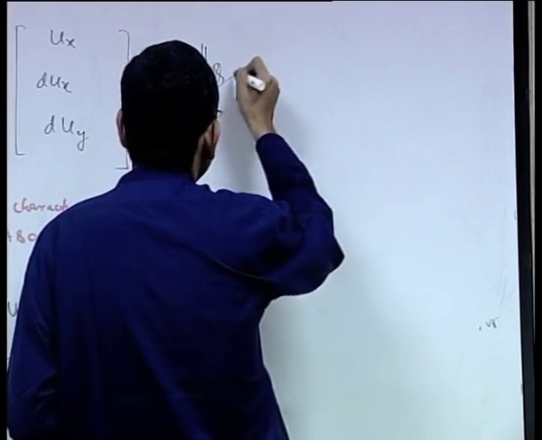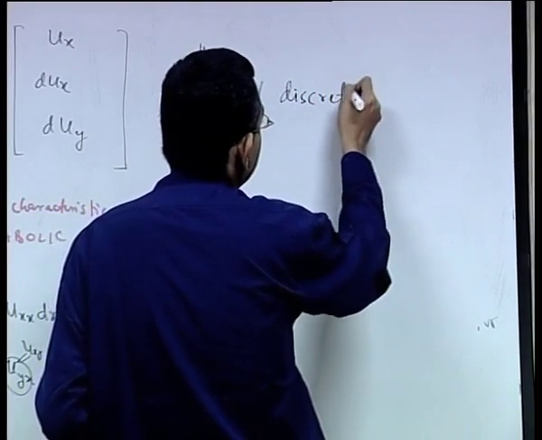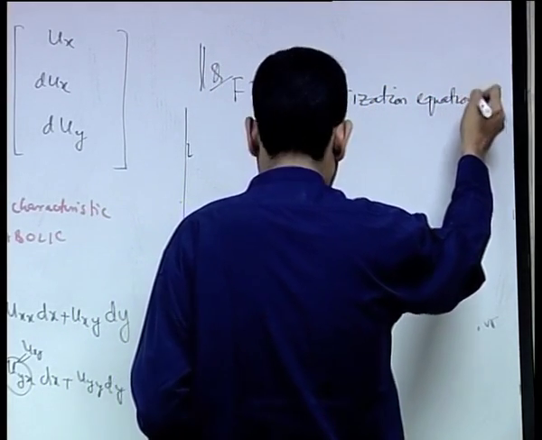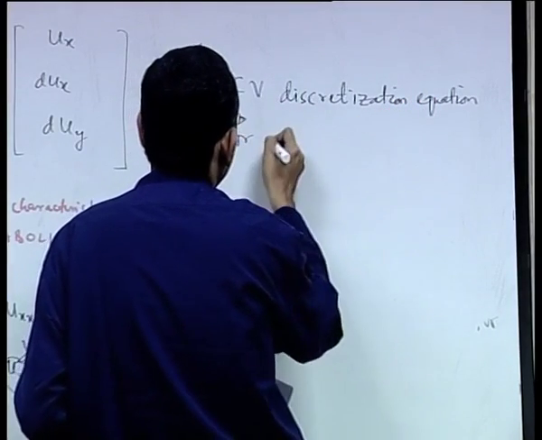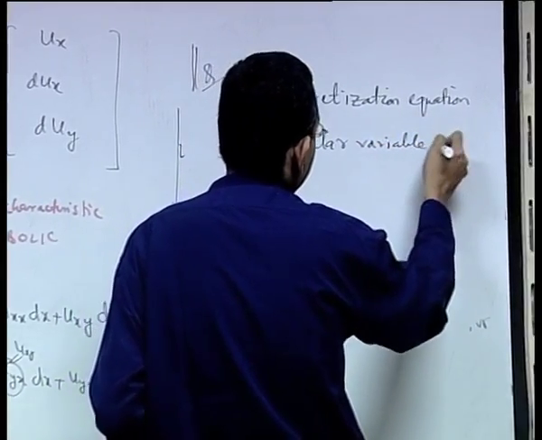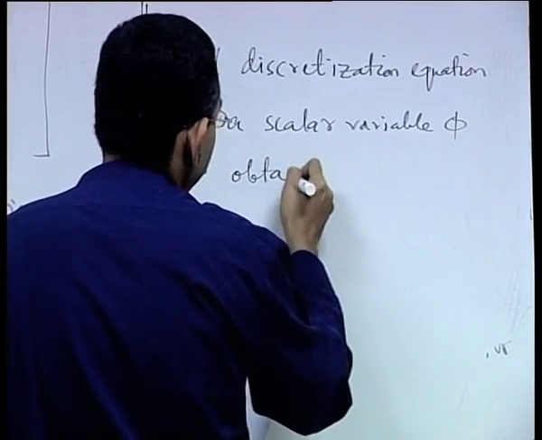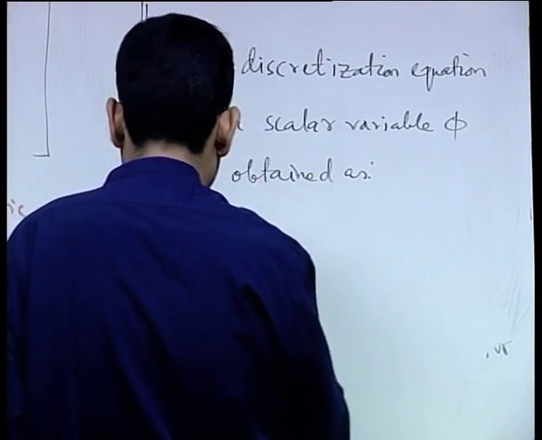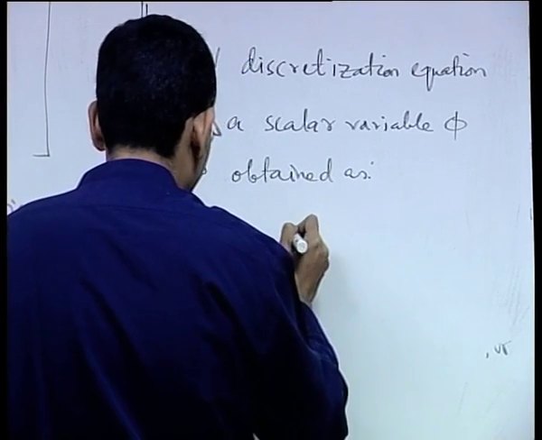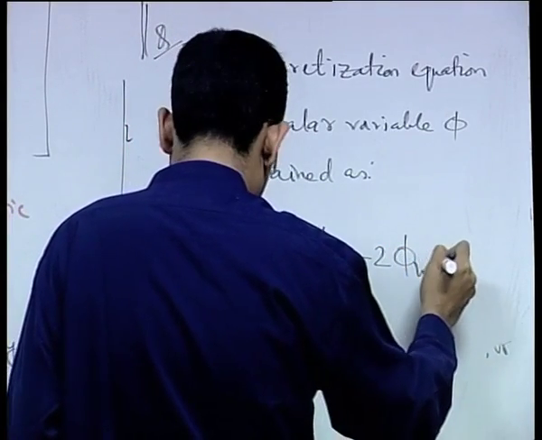Finite volume discretization equation for a scalar variable phi is obtained as minus 5 phi p is equal to minus 3 phi e minus 2 phi w plus 5.